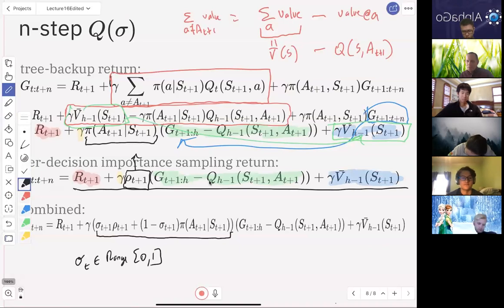And then conversely, the 1 minus sigma_{t+1} tells us how much of the pi we should use. So the fact that sigma is within the range 0 to 1 smoothly, continuously, allows us to get that smooth transition from importance sampling to tree backup, at a particular level.